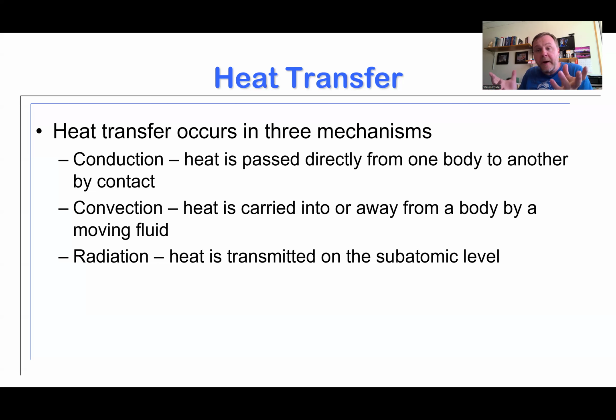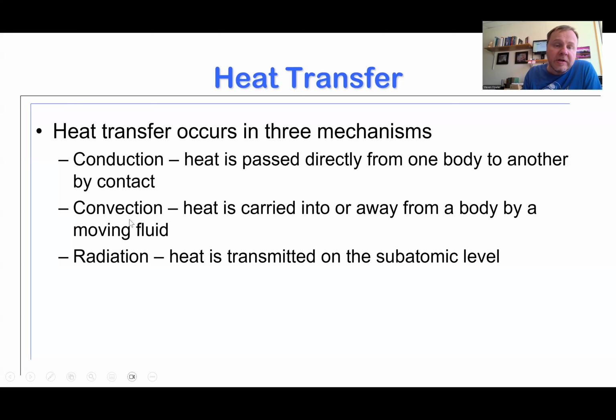Heat transfer is occurring by convection when you turn a fan on, one way or the other. If you're blowing hot air over a cold body, that hot air through convection is going to transfer heat to the colder body, and vice versa. If we're sitting in a cool room, we turn a fan on us, that cool air is going to convect heat, it's going to transfer heat away from our warmer body to the cooler air.